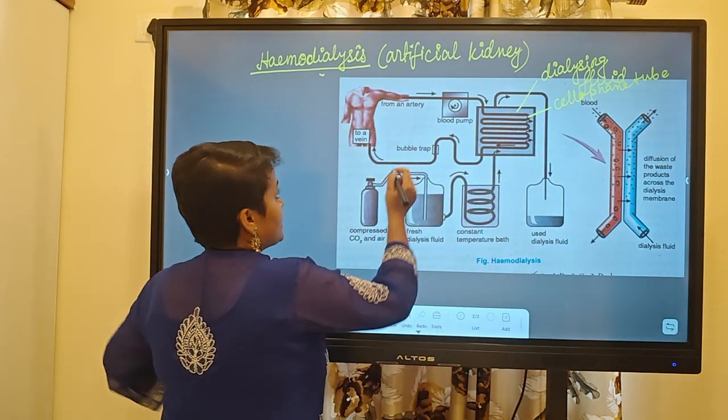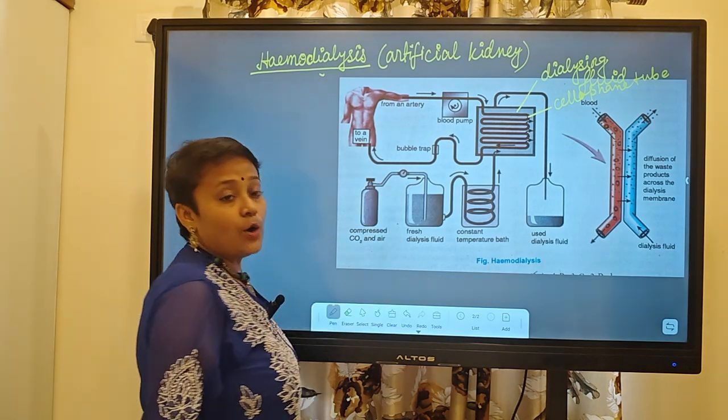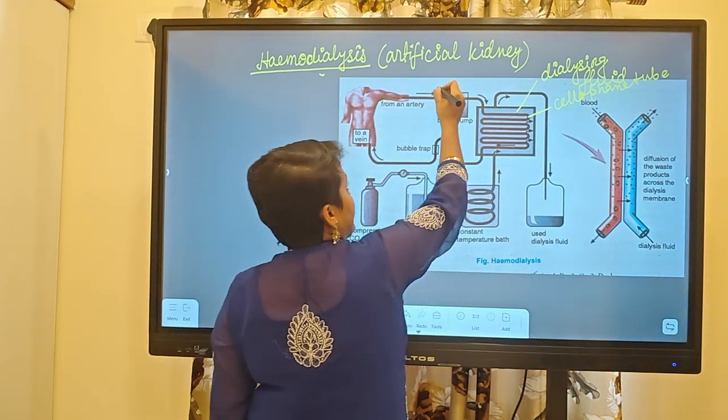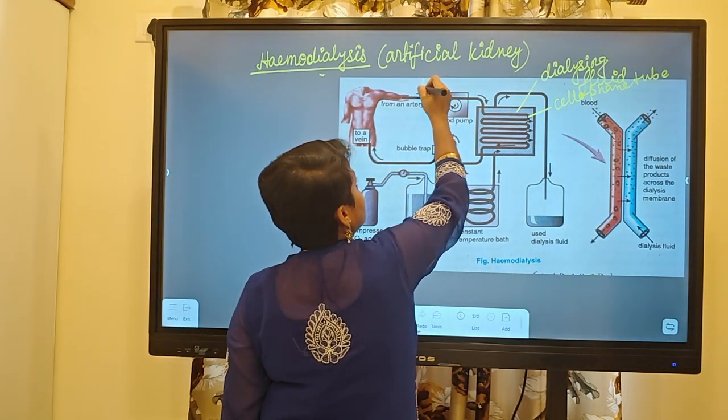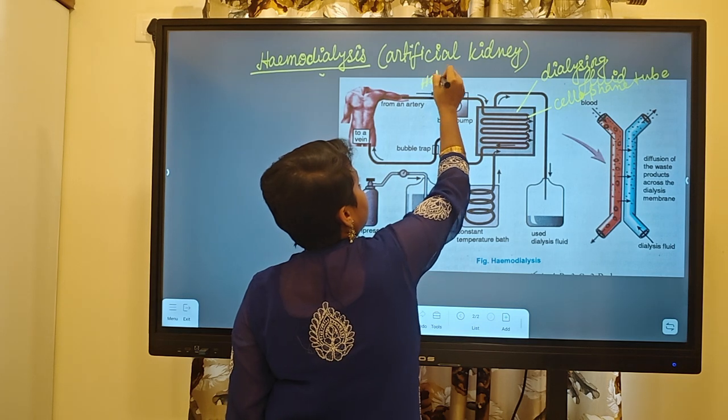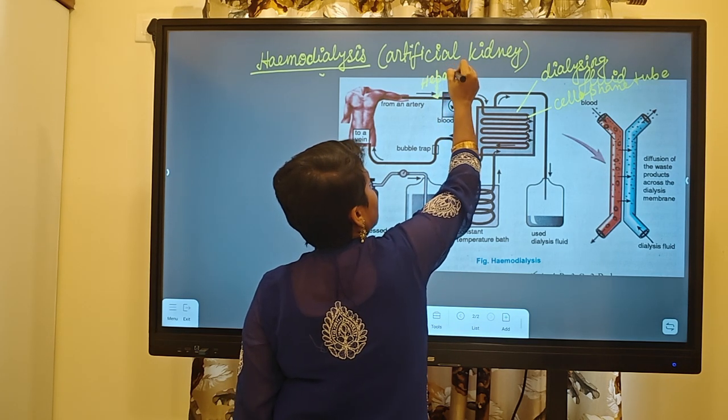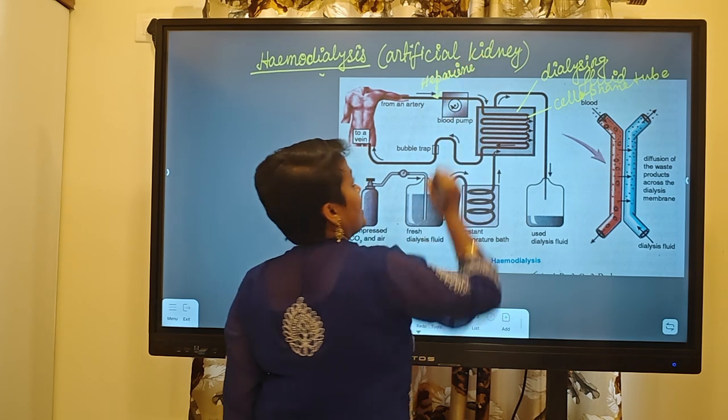Now here, as blood is taken out from the artery, heparin is used. Why?